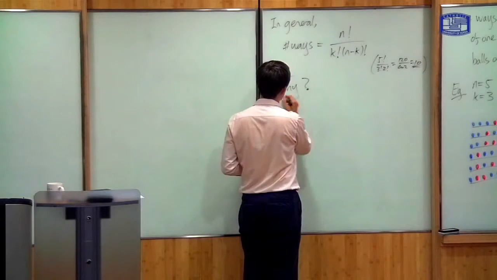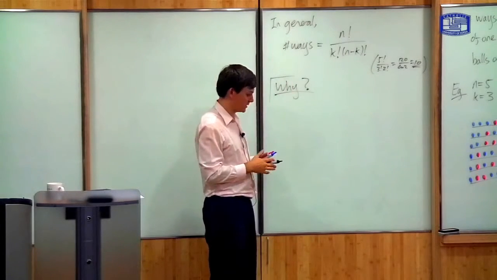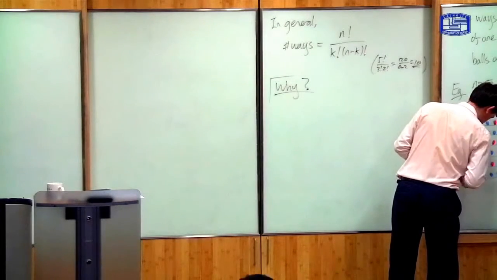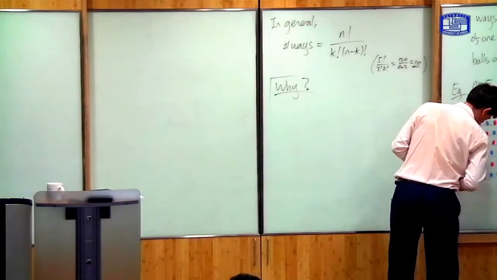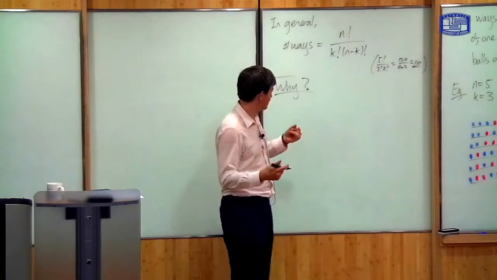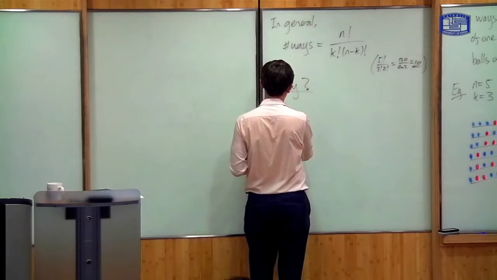Okay, so it works for our example, but let me explain why it is true. So why does this formula give you the correct answer? Well, the easiest way, I think, to get this result is to start with distinguishable balls.